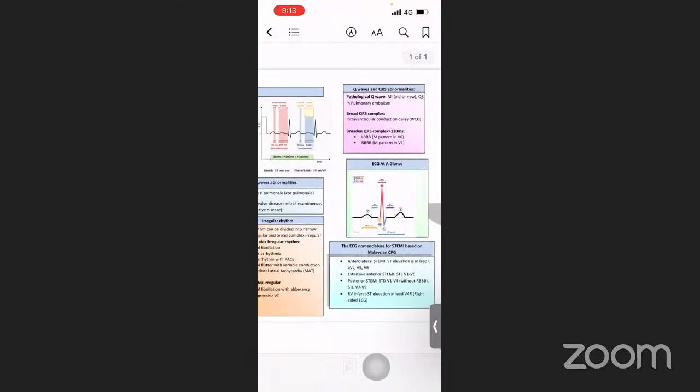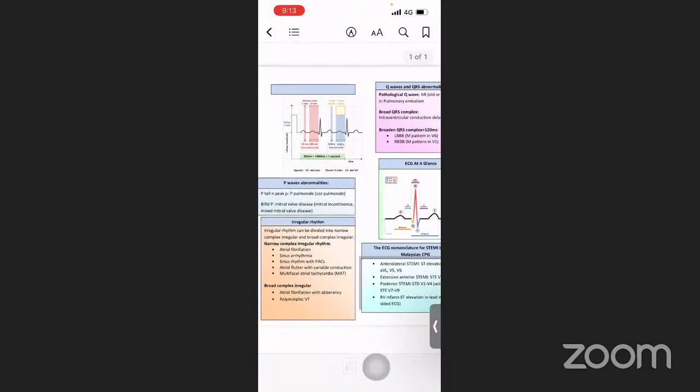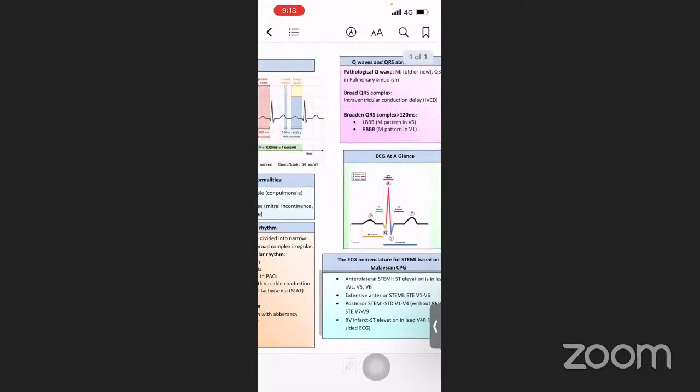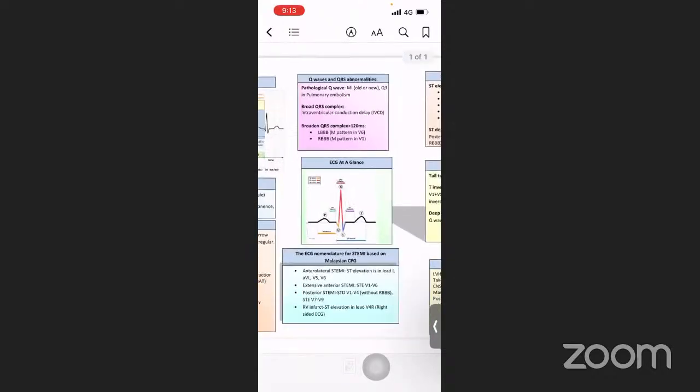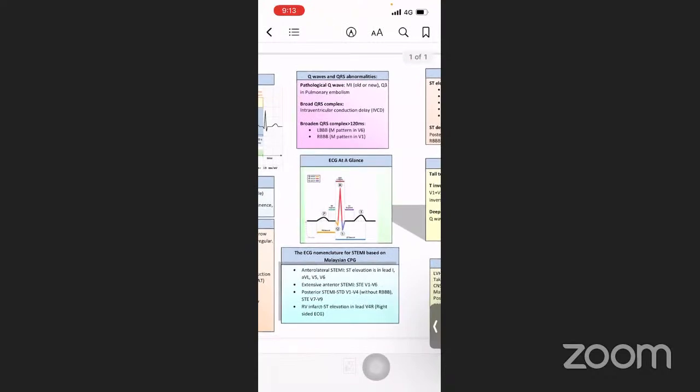VT can be regular, and VT can also be irregular. The irregular one is Torsades de Pointes. Even though the spelling is POINTES, like absence seizure is spelled absence, the pronunciation is French.